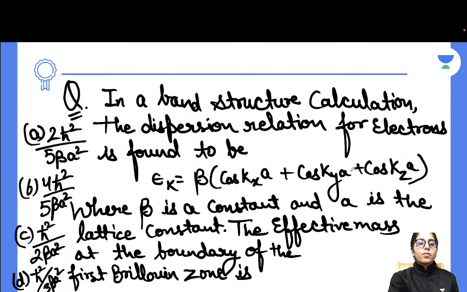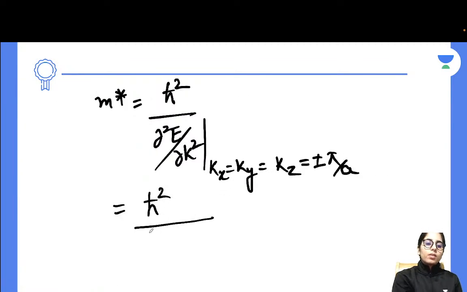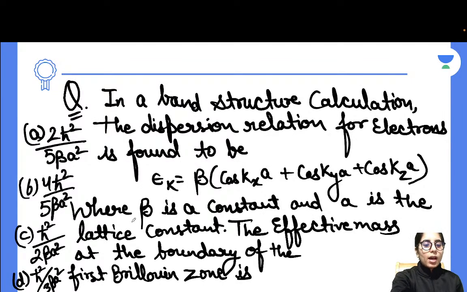I can take the negative sign and a square beta outside, and I will have just cos kxa, cos kya, cos kza. When I put the value pi by a, pi by a, pi by a in place of kx, ky, kz, I'll just get cos pi, which is minus 1. So minus minus plus, 3 beta a square you will have there. So 3 beta a square is going to be at this particular place after putting all the values. So now you can see what your right answer will be. That's option D. This is how you will simply get it.